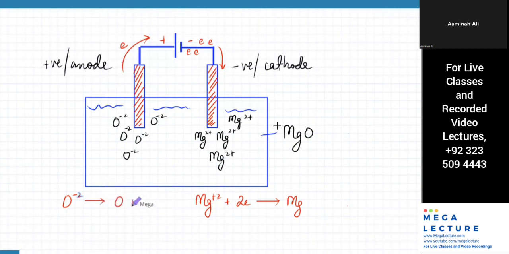It will become an oxygen atom, and it will lose 2 electrons. But again, it's diatomic, so it's going to be 2 oxide ions, and 2 oxygen atoms would be produced, and they would become O2. And the number of electrons produced would be 4 then, right? Is this equation clear?